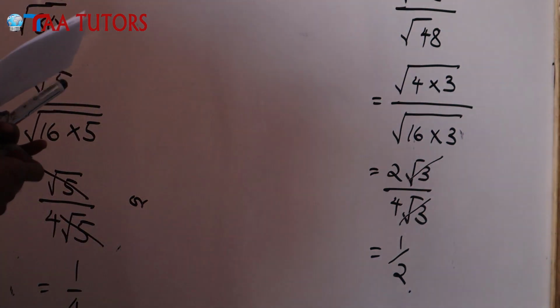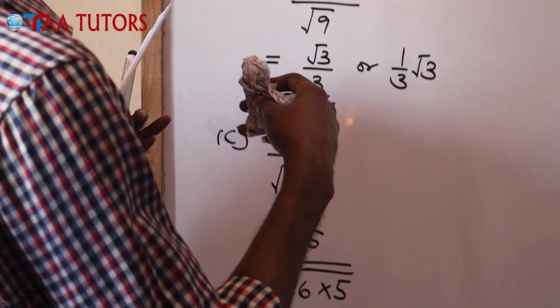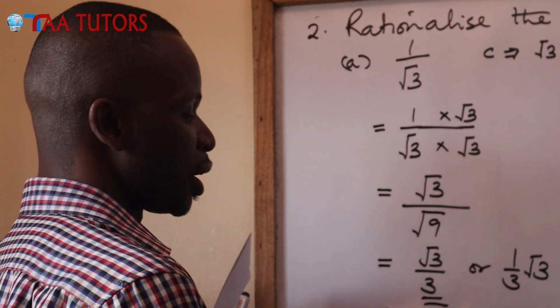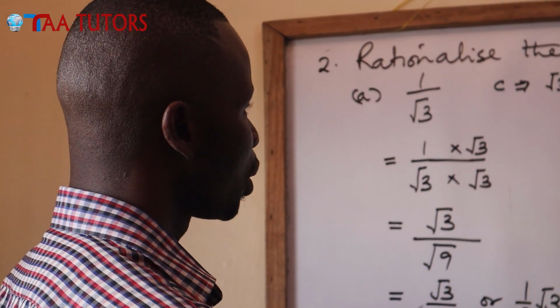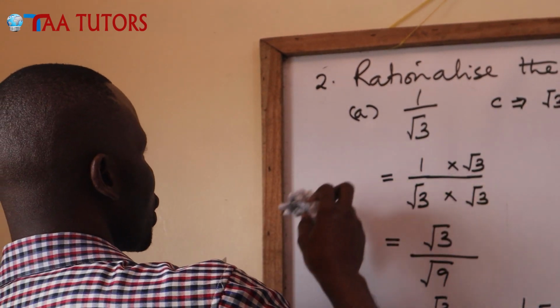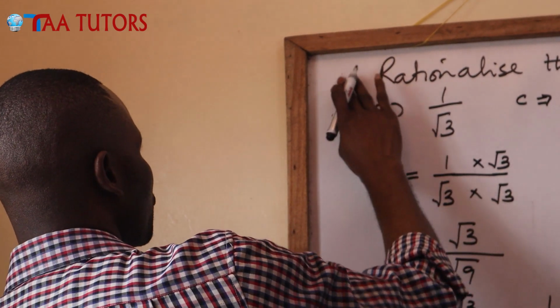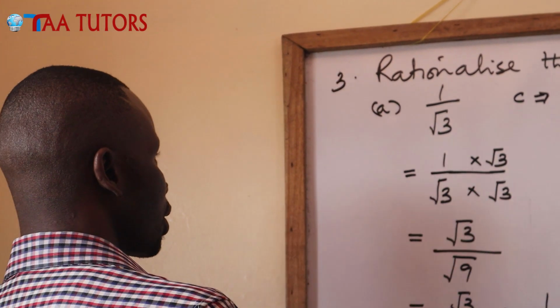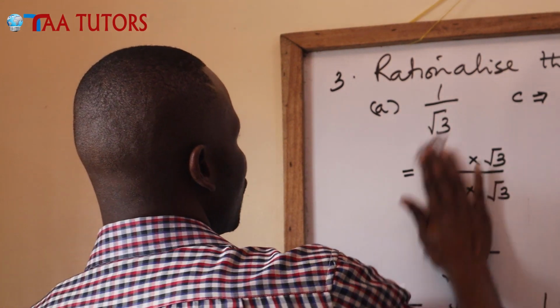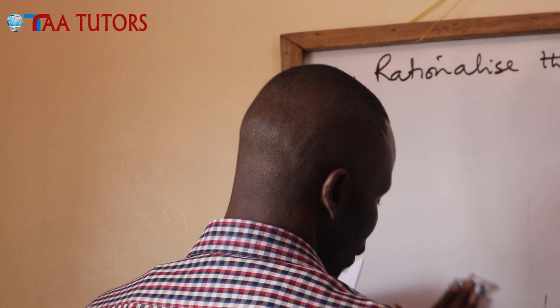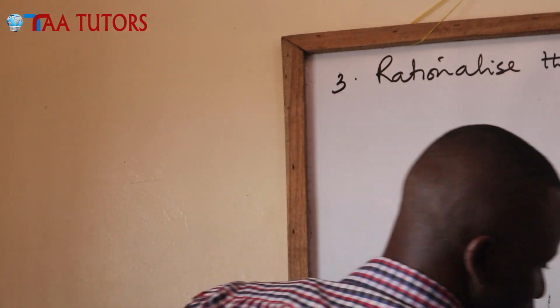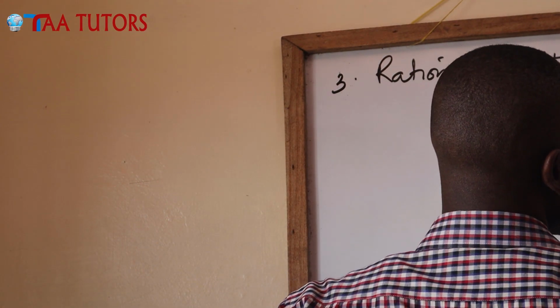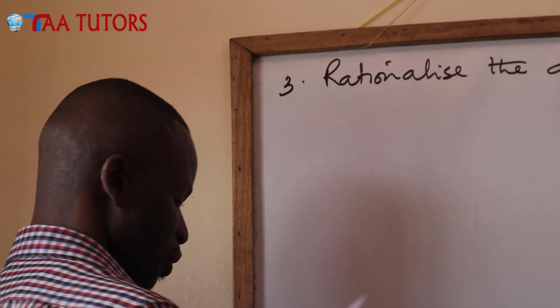I want us to go to cases where now the denominator is maybe a plus √b or a minus √b. So let's look at example 3, which is still rationalize the denominator, so that we see what it brings to us.